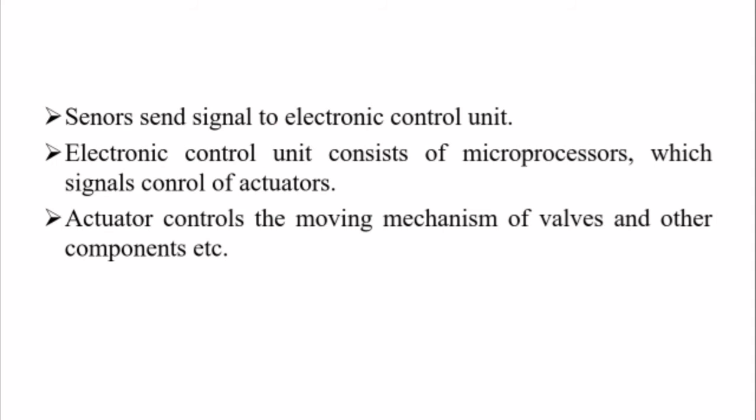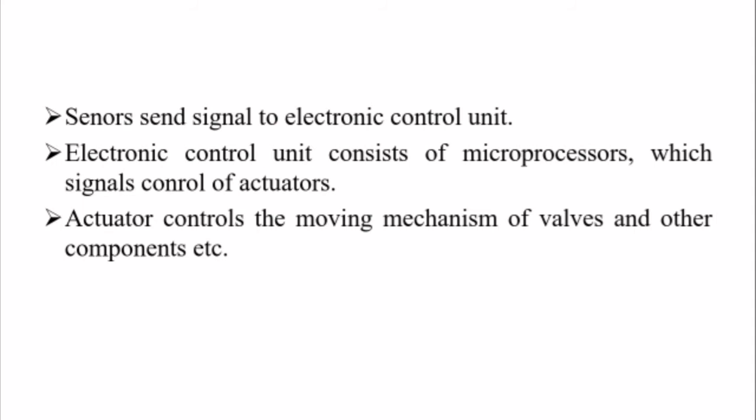The sensors collect the data from the mechanical devices and send the signals to the electronic control unit. These sensors may be of various types. Some of the sensors used are speed sensor, load sensor, exhaust gas sensor, valve position sensors, and many more.